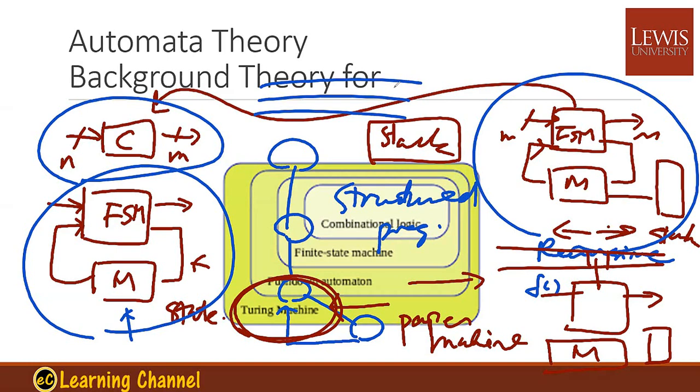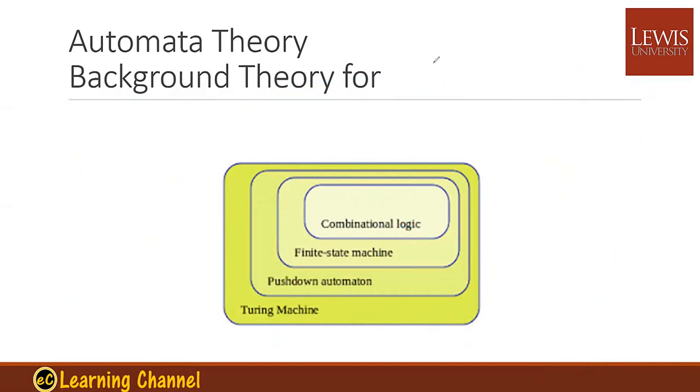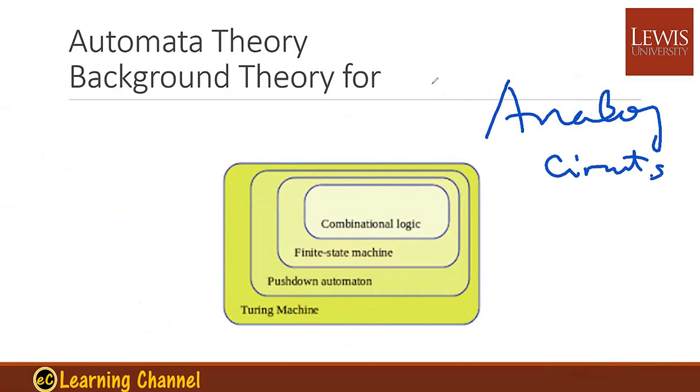That is the limit of what current computers can do. But something a Turing machine cannot do would be, say, analog circuits. Some analog circuits a Turing machine cannot do, and also neural networks. You may ask me, how come neural networks?